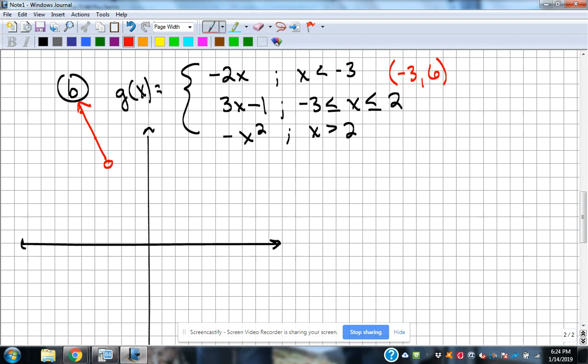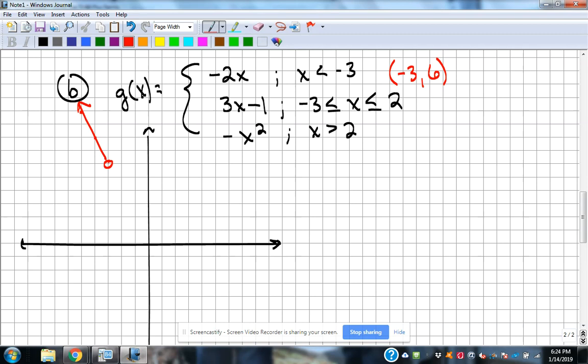All right, now the next thing is to get the second piece. What's the second piece? How many important points do we think the second piece has? Look at the domain. How many x values are in that domain? There's 2 of them, right? We got -3 and +2. So it's going to have 2 important points.